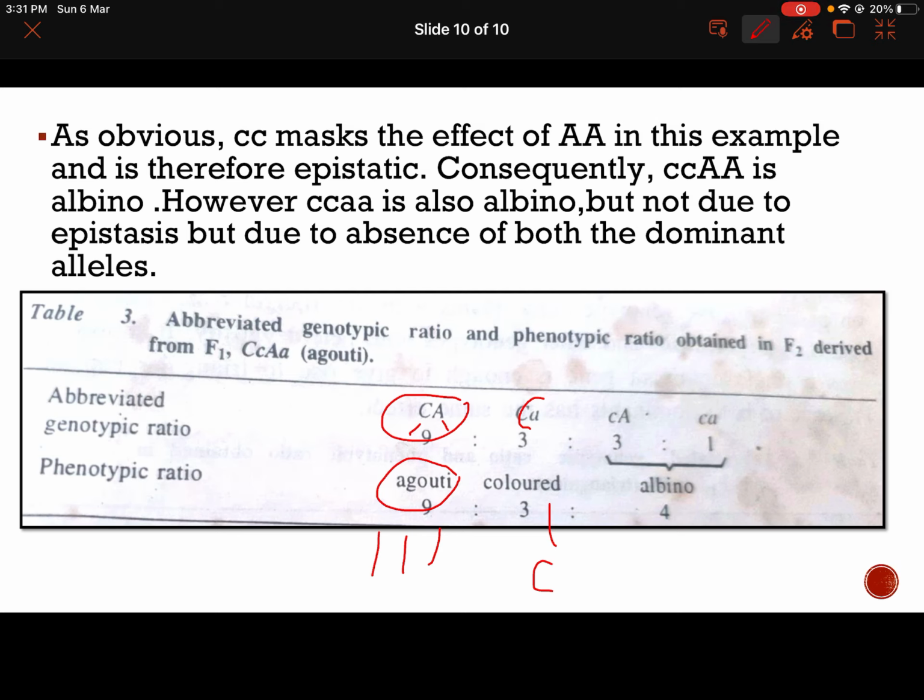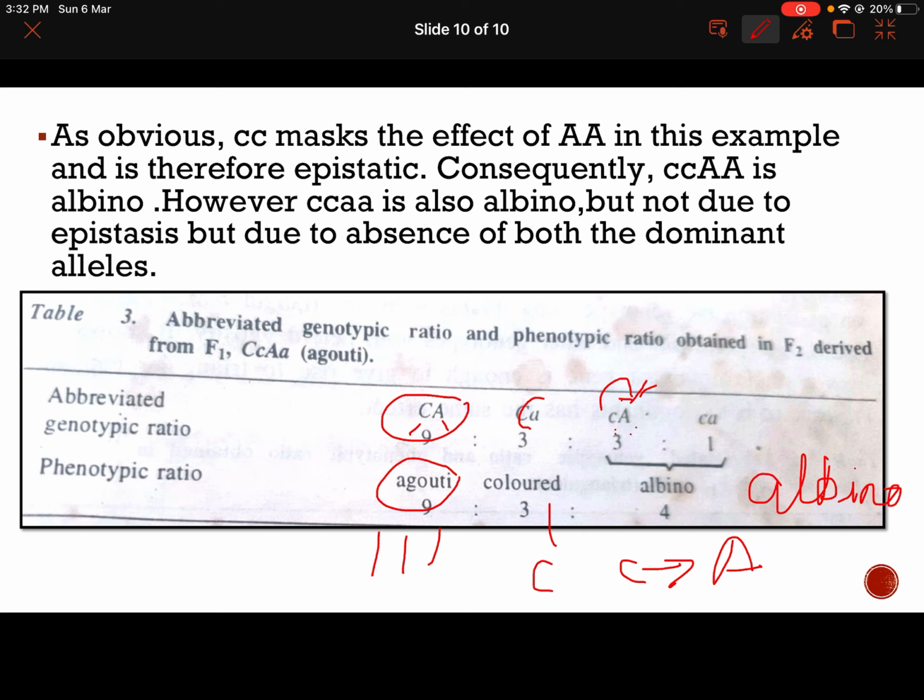When small c and capital A are present, here we will see the epistasis, because this small c is doing epistasis to the A. Small c is affecting the effect of the A gene, and that's why small c with capital A gives albino, or no color.